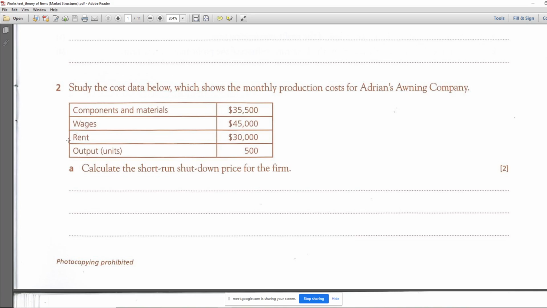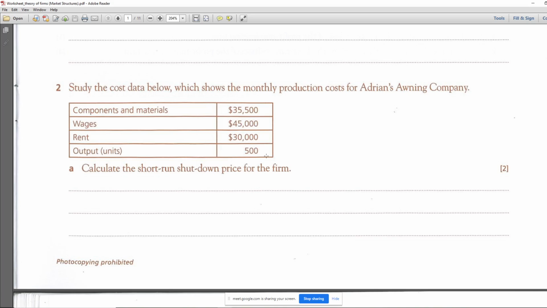If you add all of them together, you will find the total cost. Then if you divide the total cost by 500, you get the average total cost. Because we know that the minimum level of ATC is where we can find the break-even price.